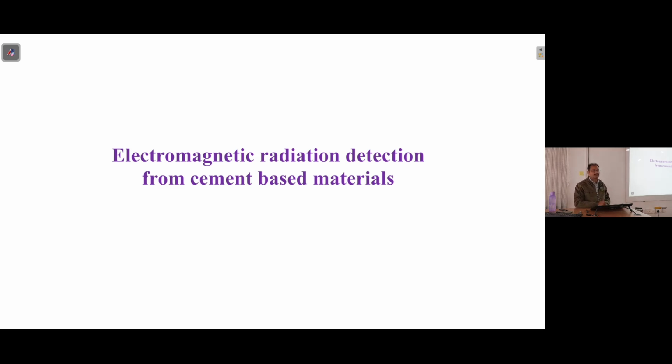Next is this effort to have some kind of signals from the cement based material. Particularly the intent is to finally get some signal from the structure. Cement is the most commonly used structural material, so if we can get something from it, then we can expect that from the structures also we can get some kind of information. So that is the motivation.